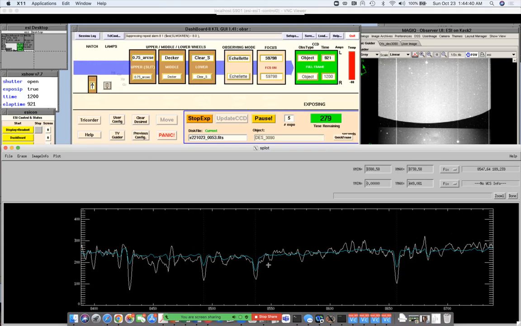So we can zero its velocity. We can remove the Doppler shift effect from it, and then reapply an arbitrary Doppler shift to the blue spectrum until it matches the white spectrum. And that way we're determining the velocity of the star.